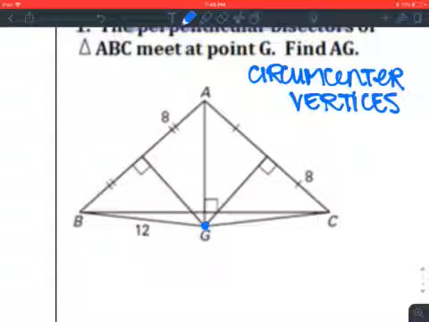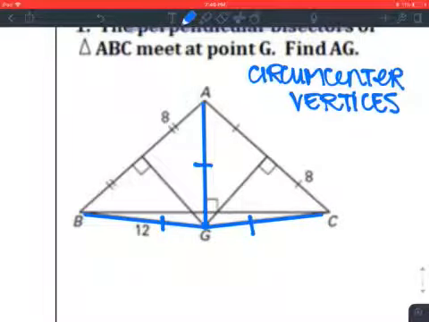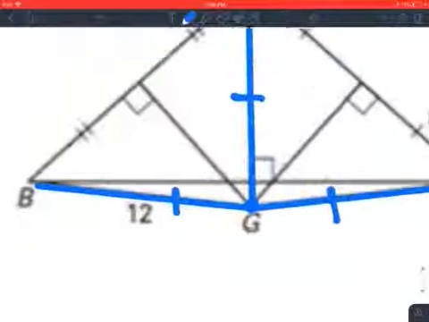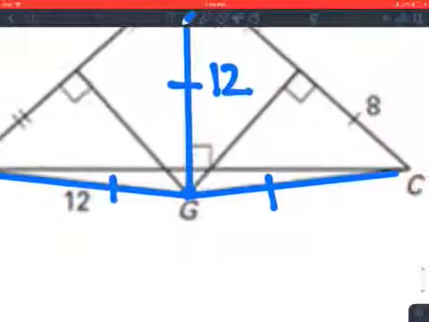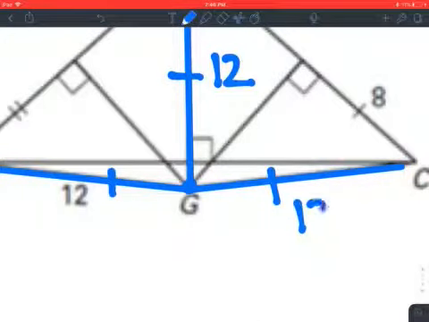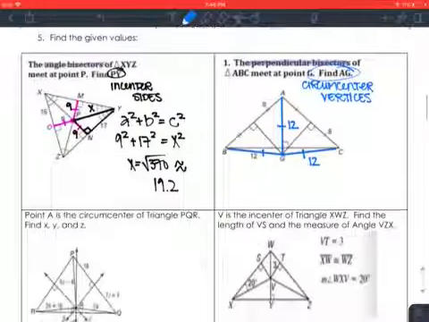So if you look at the segments that are connecting that point G with the vertices, so A to G, G to C, and G to B, all of these are going to be congruent. Which means that if we're trying to find AG and we know that BG is 12, then AG also has to be 12. And you could have done the same thing for GC. This would also be 12.